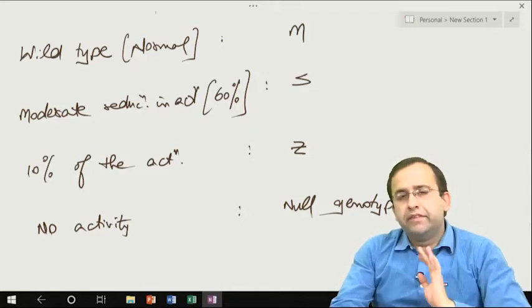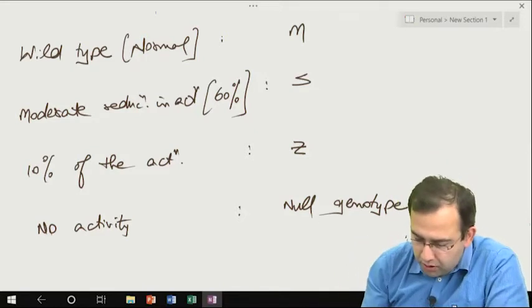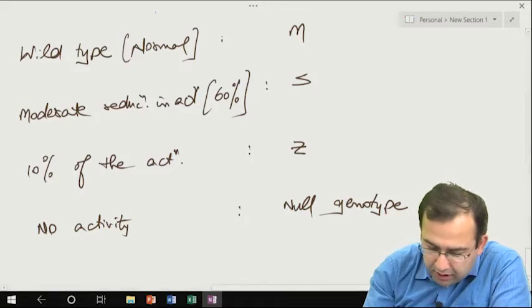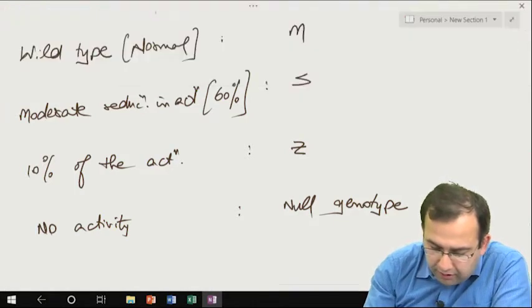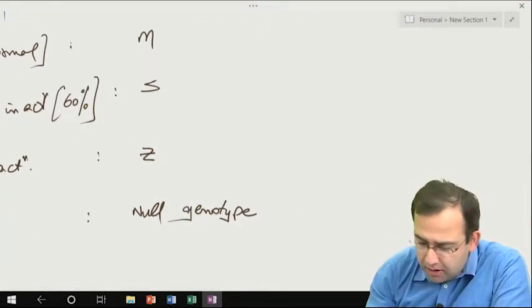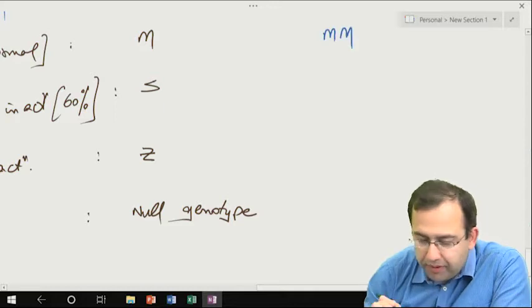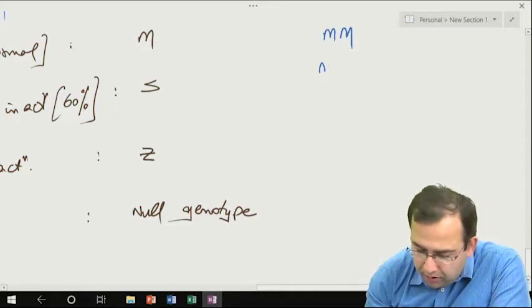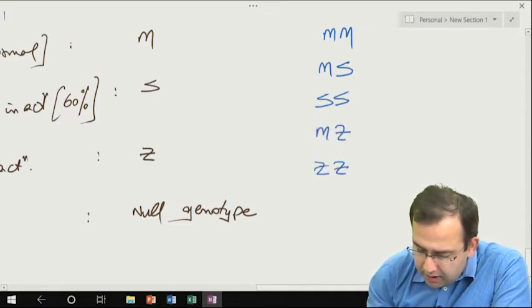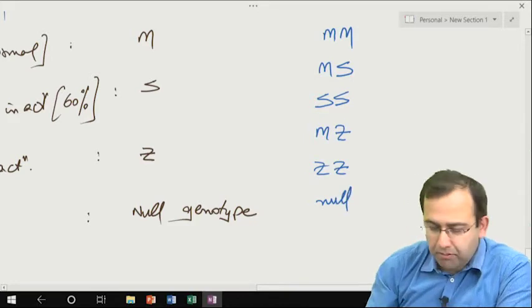No activity, null genotype. So, if I have to write the increasing severity of the disease, it will be MM, which is normal, followed by MS, SS, MZ, ZZ, and the null type.